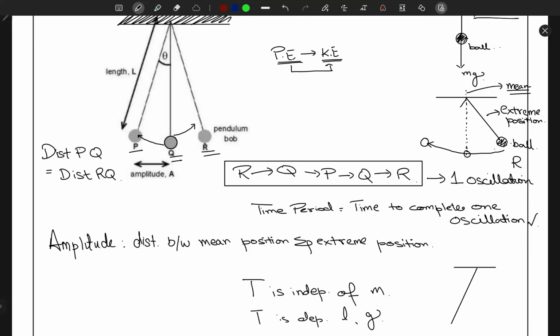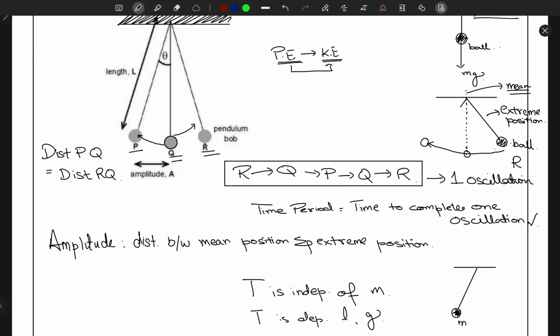So the rate of oscillation, or the time to complete one, would be different. Similarly, if you were to perform this experiment on some other planet, for example, or the moon, then the speed of oscillation would vary. However, it doesn't matter what mass I attach to this bob.